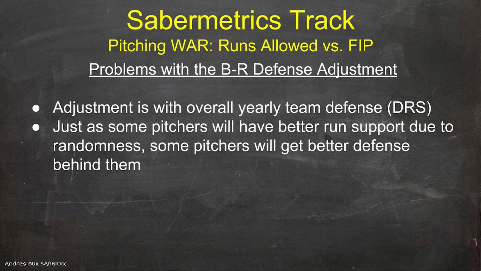That's going to show up in these pitcher WAR metrics, where FIP wouldn't have those showing up at all because they're not really measuring defense. They're looking at strikeouts and walks and home runs. So it's not a perfect defensive adjustment that BR is doing.